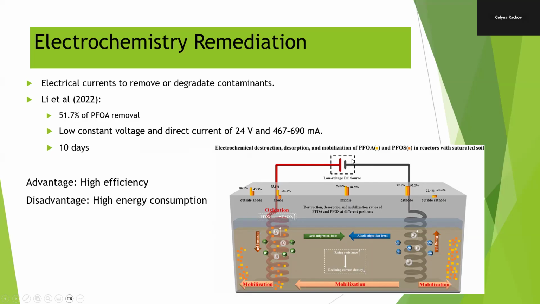This technique got 51.7% of PFOA removal using a low constant voltage in direct current of 24 volts and from 467 to 609 milliamperes.